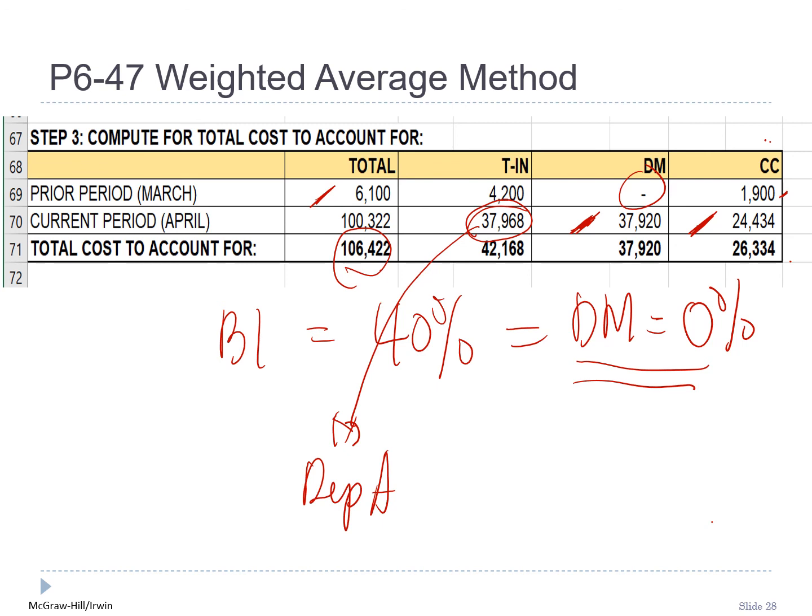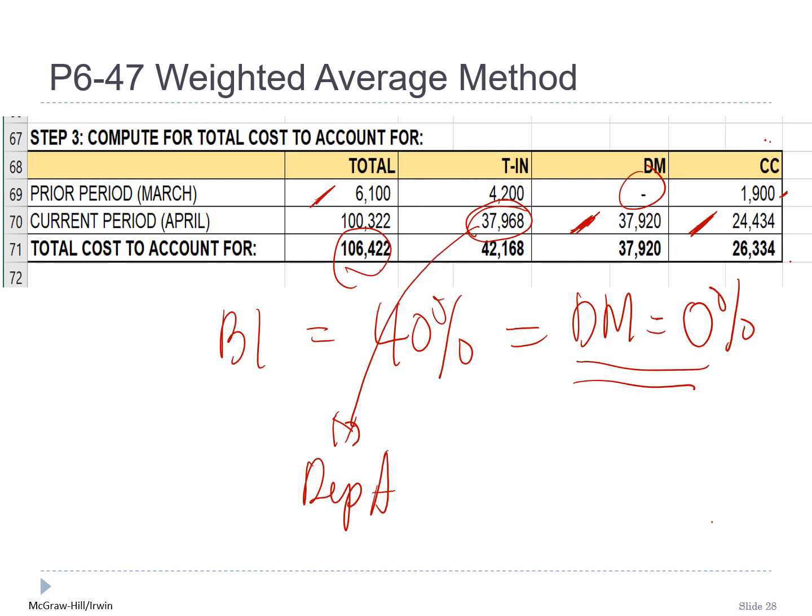cost per equivalent units of production. So, sabi ko kanina, pag cost per EUP, yung numerator natin o yung cost will be yung total dito sa slide.